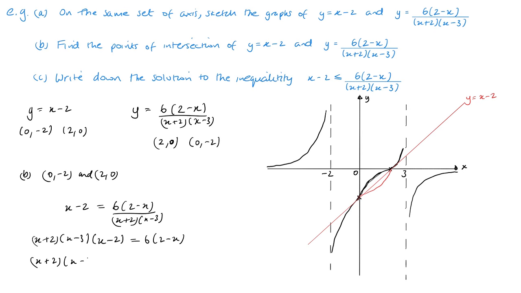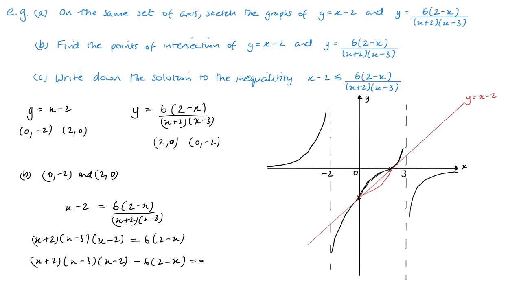We've got this scenario happening. And then finally, this bracket is very similar to this bracket. If I times this by minus 1, I get x minus 2, which would be like this one.